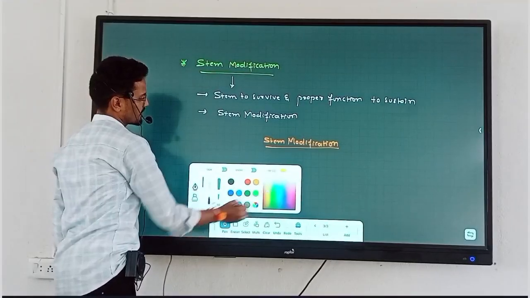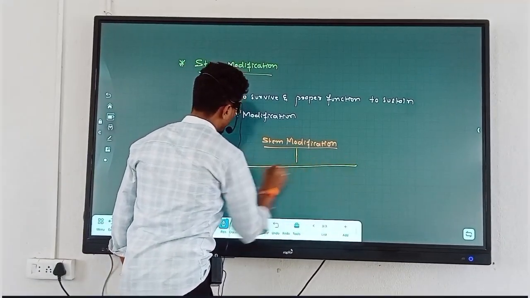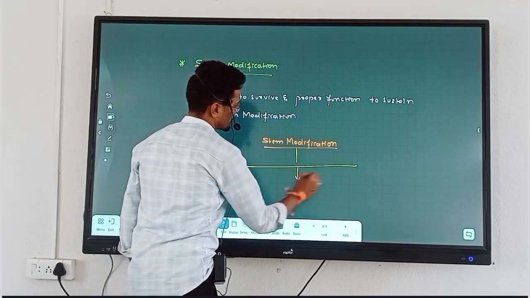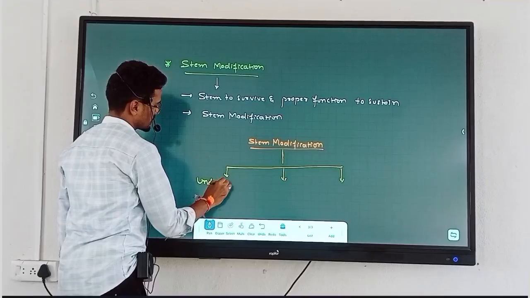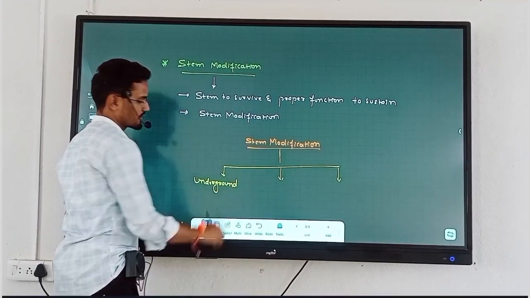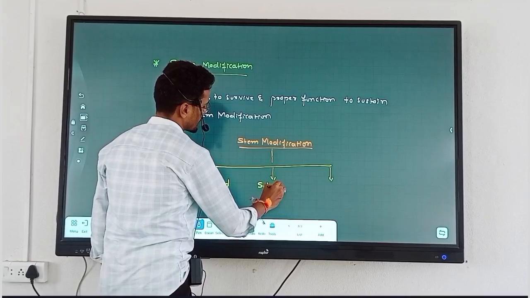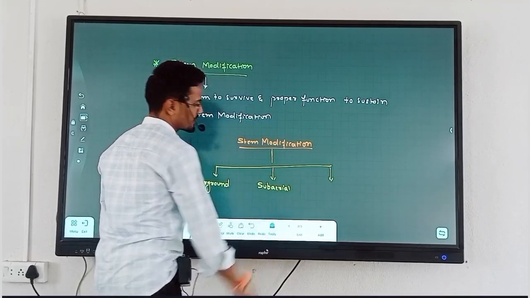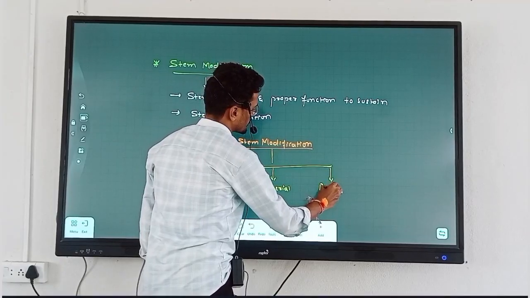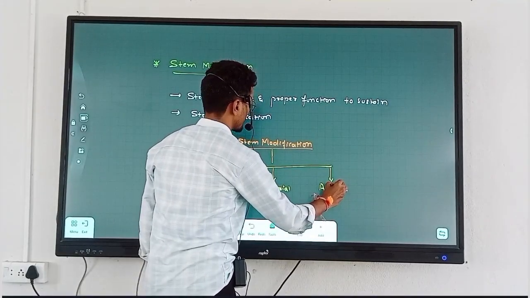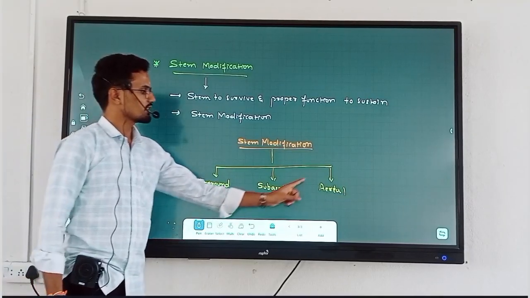The first one is underground. The second one is subaerial. And the third one is aerial. First underground, then subaerial, then aerial.